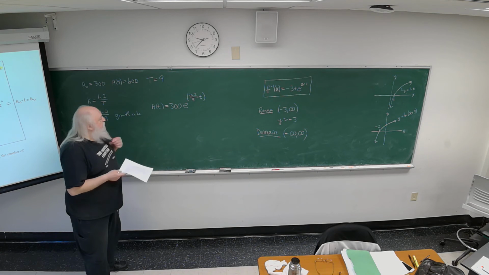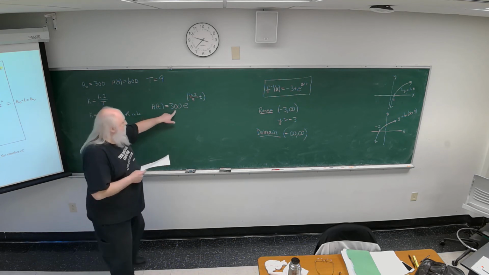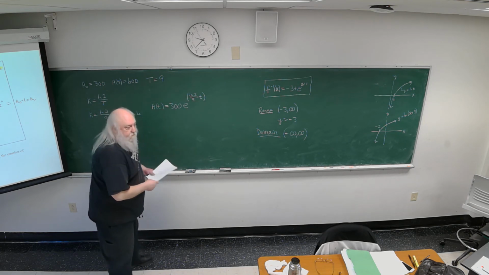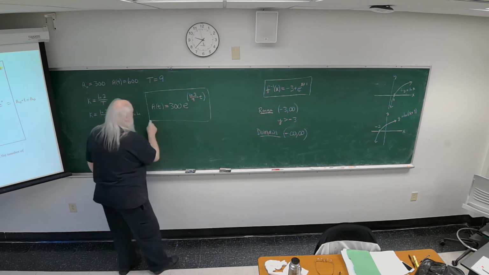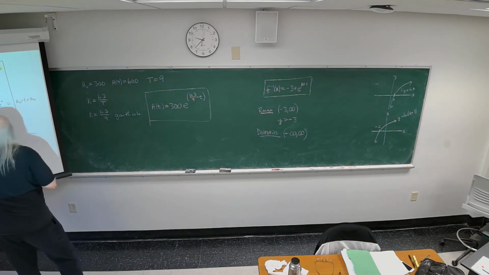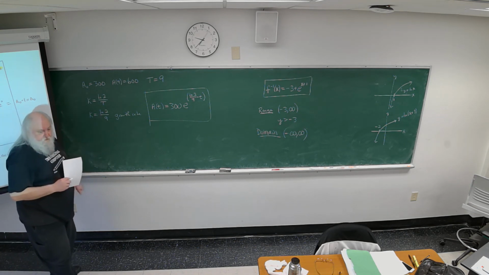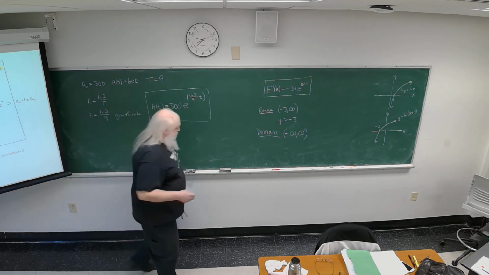So the number of bacteria at time t is equal to 300 times e raised to the natural log of 2 over 9 times t power. That's our model. All I did was substitute for A sub 0 and k after I computed k, because we're given the time it takes for the population to double.